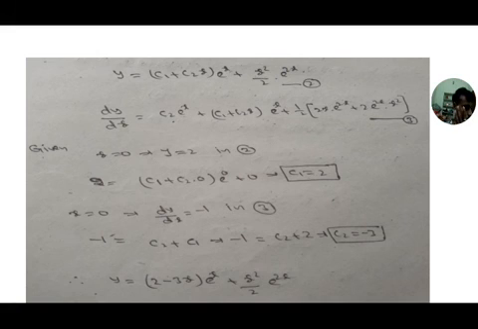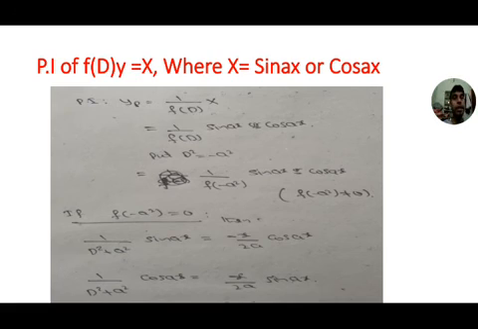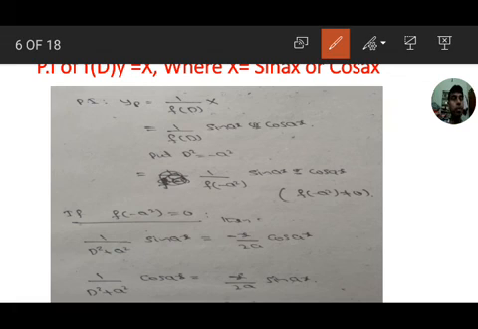Let us move to the next problem, that is, the next topic. Particular integral PI of f of D of y equal to capital X, where capital X equal to sin ax or cos ax. So yp equal to 1 by f of D capital X, that is 1 by f of D sin ax or cos ax.